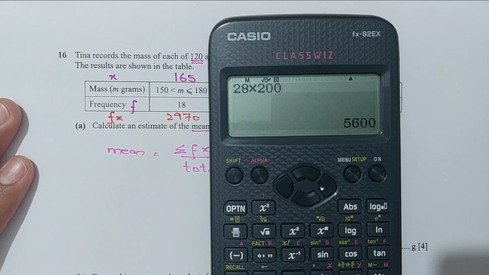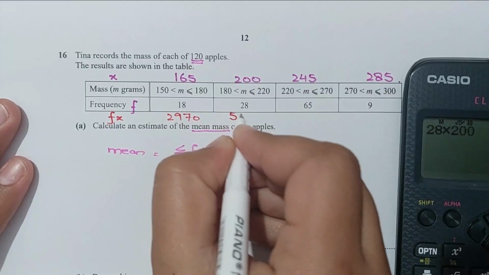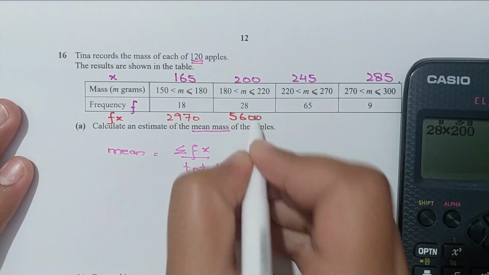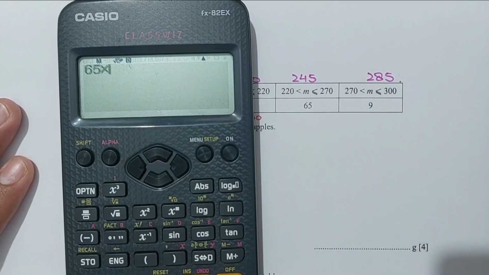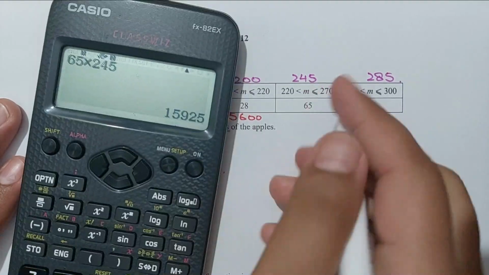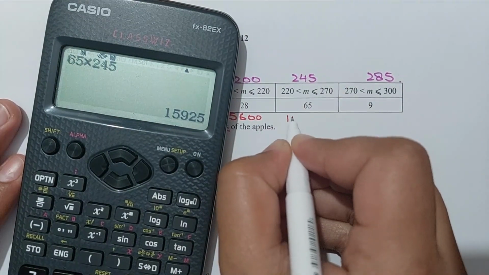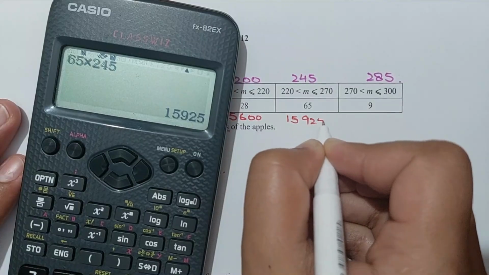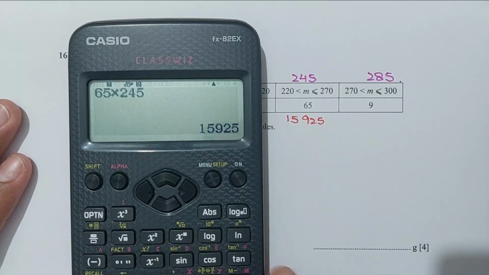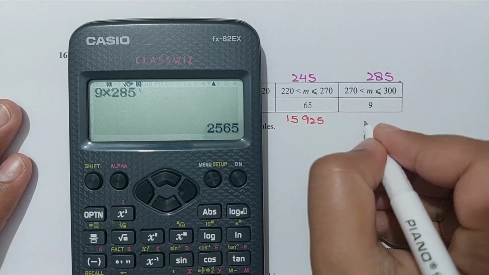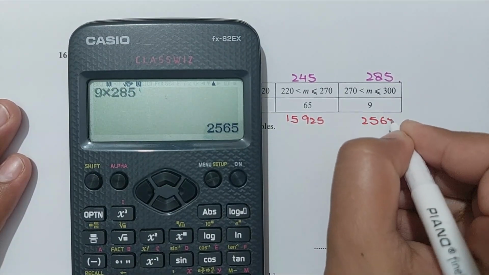28 times 200 is 5600. And 65 times 245 is 15,925. Okay. And what is 9 times 285? 2565.